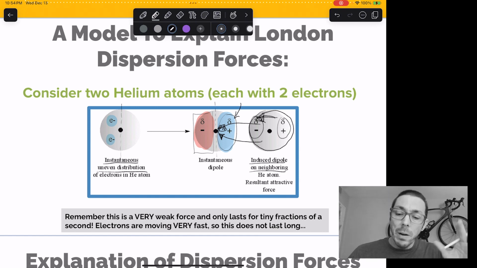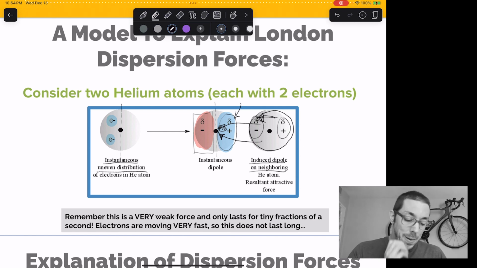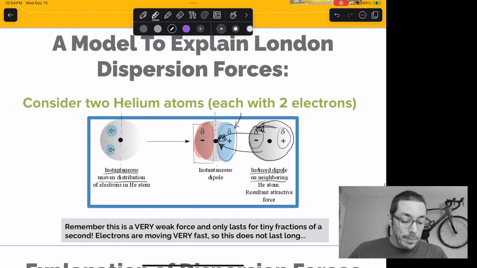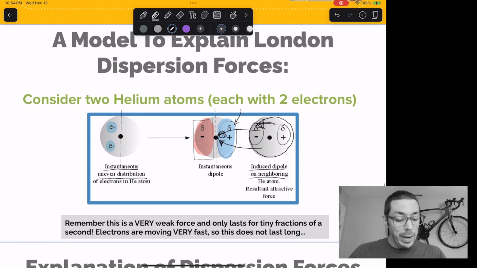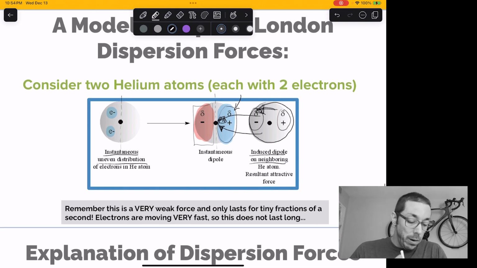This is one of the most difficult ideas to wrap your head around in the course, but the main thing that you want to get out of this is that London dispersion forces are super weak and they are super quick. They last like less than a millionth of a second for each one.